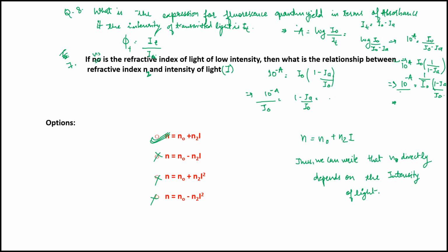Then we shift it to the RHS: IA upon I naught is equal to 1 minus 10 to the power minus A. So this is the final value which we get by solving this.